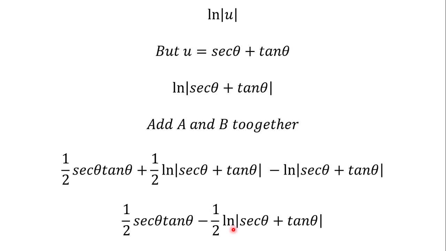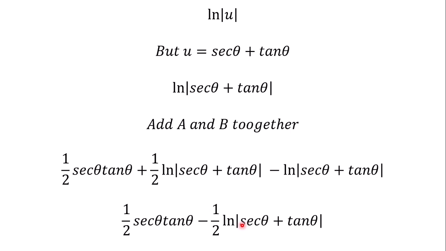Okay, now that is the answer to the integral question in the theta world. What is the answer to the integral question in the x world? This is not a definite integral where we are just going to put the values in directly and compute to find our value at the end of the day. This one is indefinite, so when we are done, we have to go back to the x world because the question didn't state what we are supposed to do.